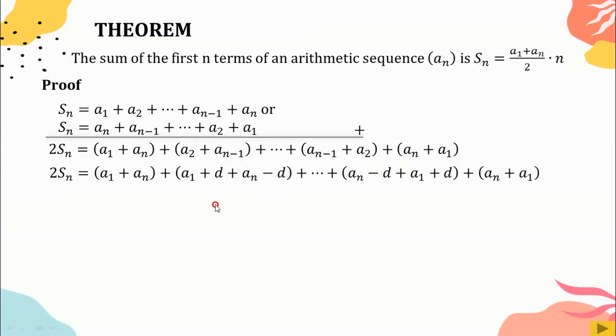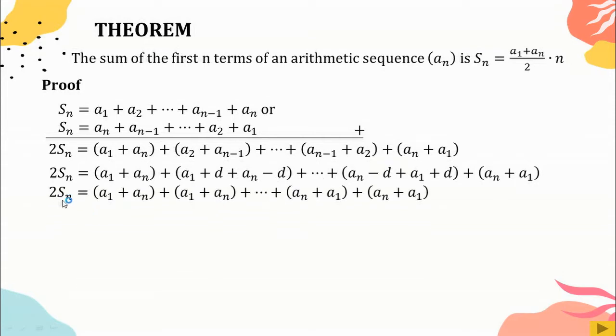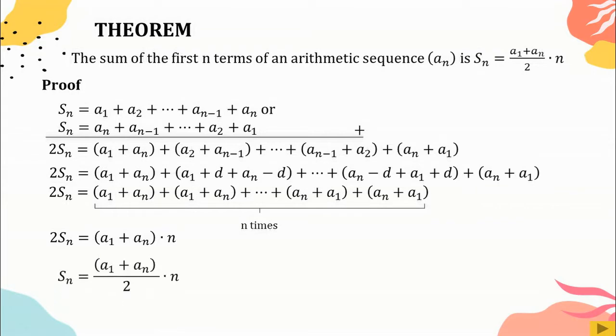So from here you can continue to get Sn equal to the first term plus the nth term, and it is the same format n times, everyone, sorry. So we can continue to Sn equal to the first term plus Un, times n. And so the formula for the sum of the first n terms of an arithmetic sequence is Sn equal to the first term plus Un, over 2, times n.